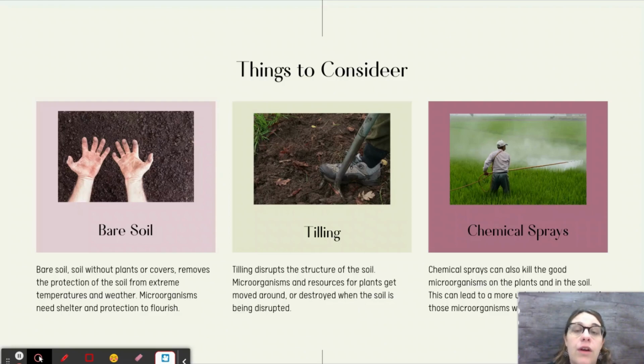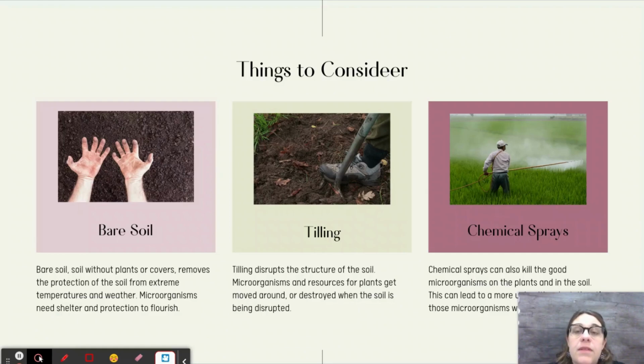Tilling. Tilling is any sort of disturbance to the ground, whether it's using a tiller, whether it's broad forking, shoveling. That all can disrupt the structure. There's a major structure in your soil for these microbes to live and thrive. When you are moving that dirt around, creating different quantities of air and dirt, moving where seeds and things are normally found, it disrupts the life cycle.